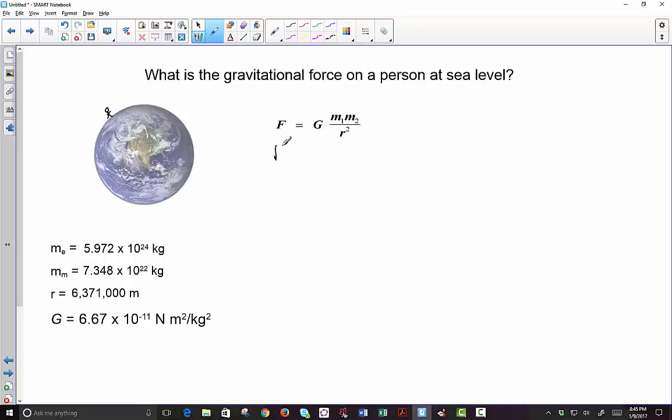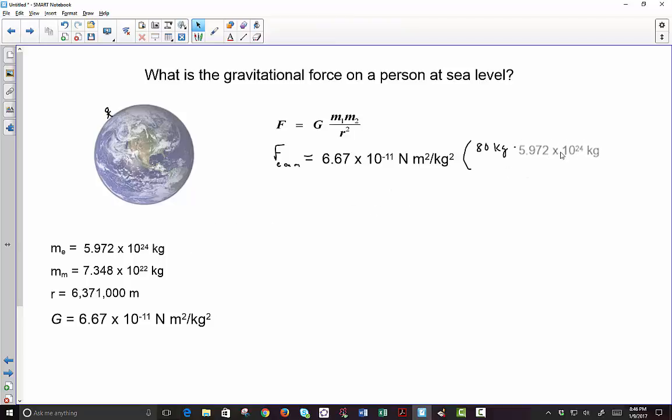So the force of the Earth on me is going to be my gravitational constant times the mass of, say, me. I'm about 80 kilograms, times the mass of the Earth. All of that divided by the radius.